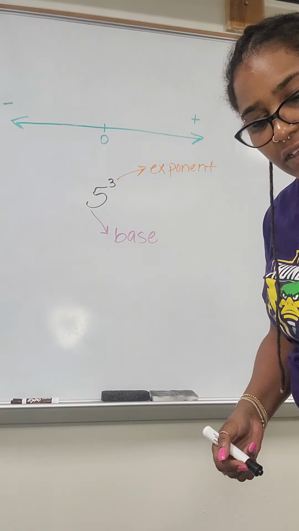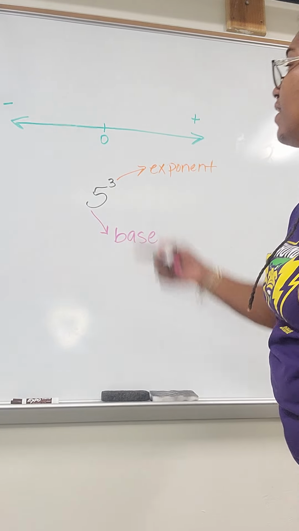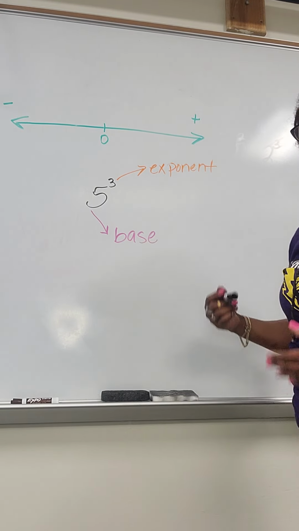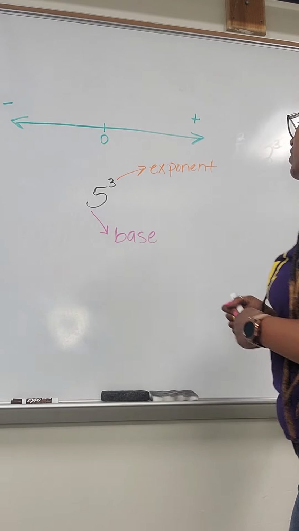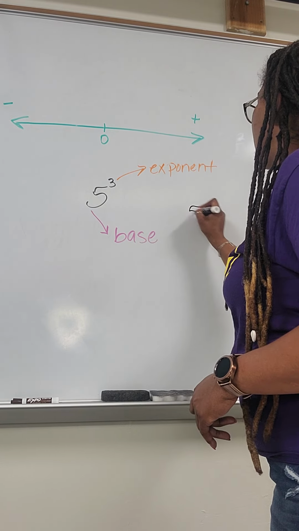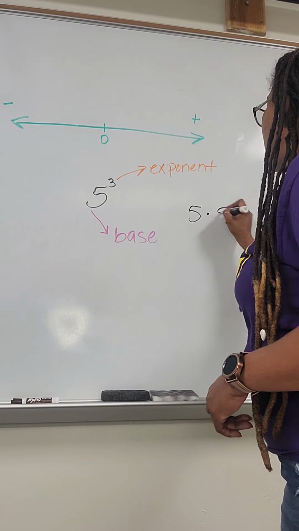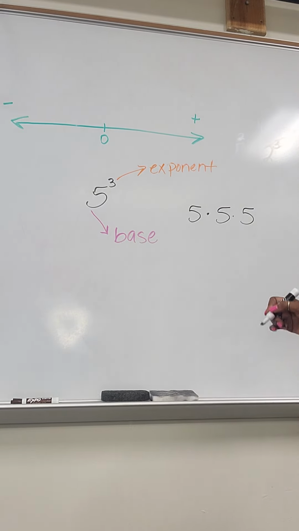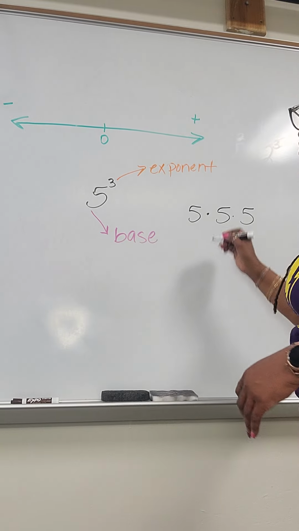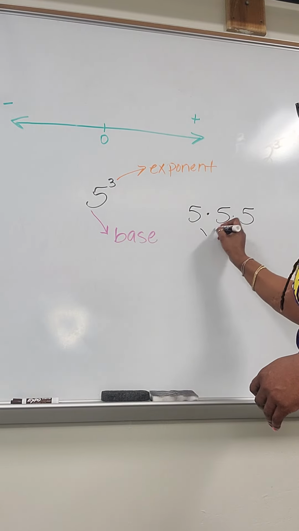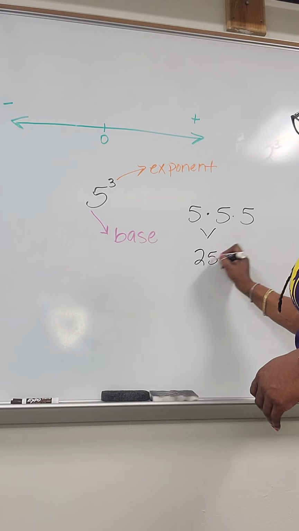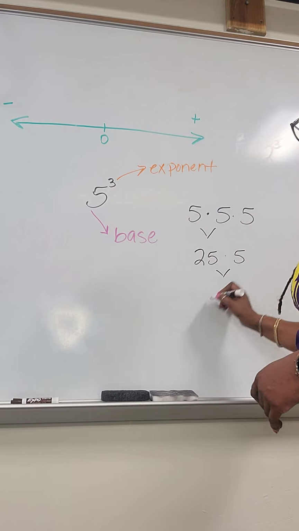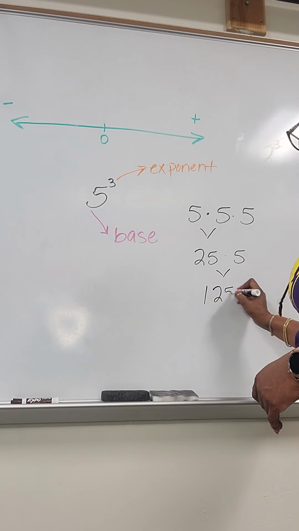So according to what I just told you, the exponent says multiply the base times itself exponent amount of times, right? So my base is 5 and my exponent is 3. That means 5 times 5 times 5, right? And then you just evaluate. Evaluate means to give the value. 25 times 5. And how much is 5 quarters? If you have 5 quarters, you have $1.25, right?